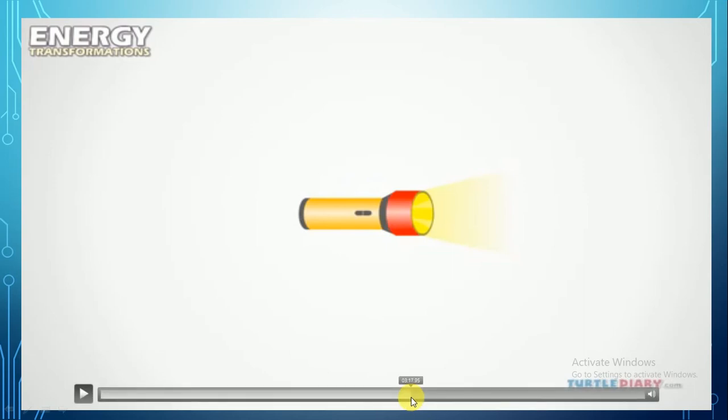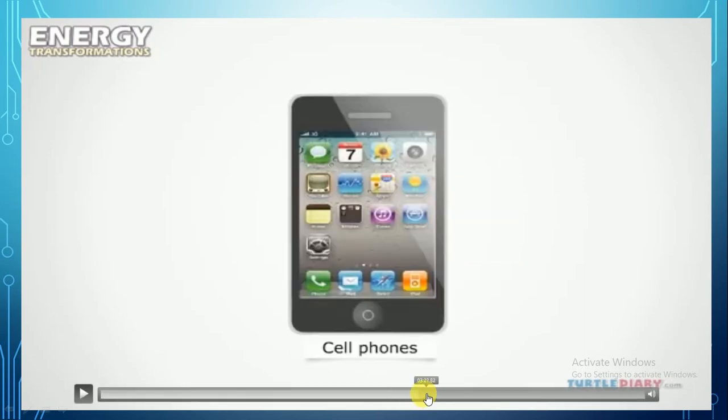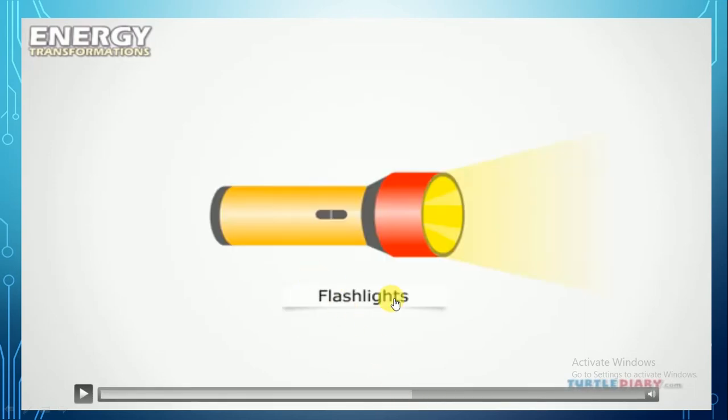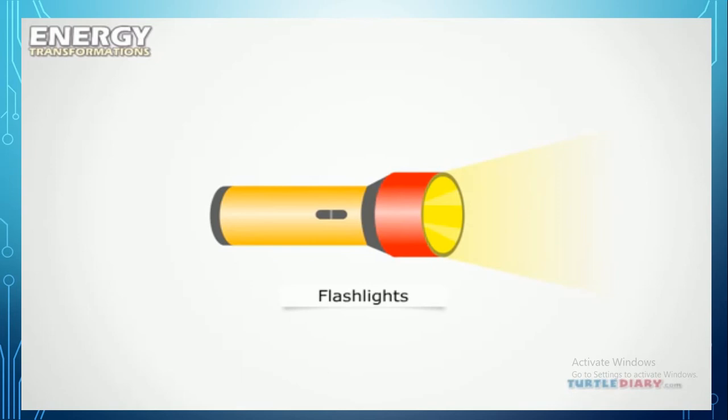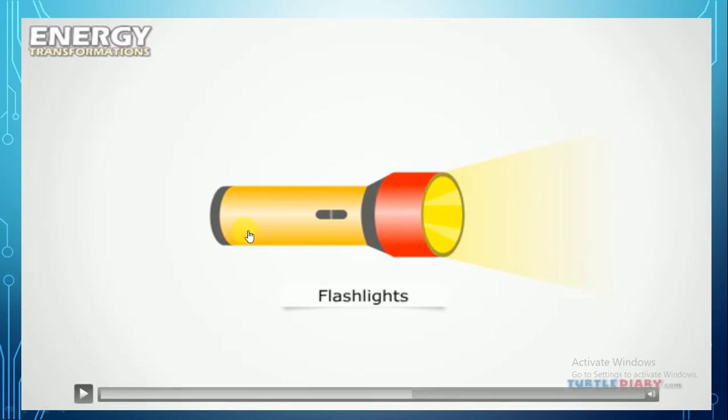Good job. So cell phones, flashlights, all those devices use electrical energy stored inside the batteries. So a battery changes chemical energy into electrical energy. And then here it changes electrical energy to light energy.